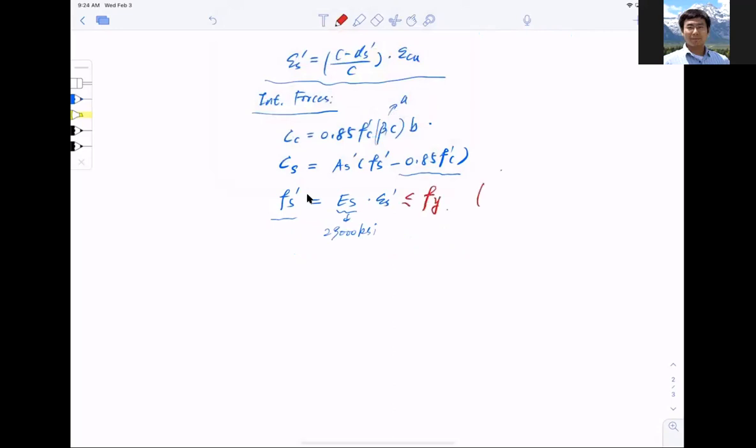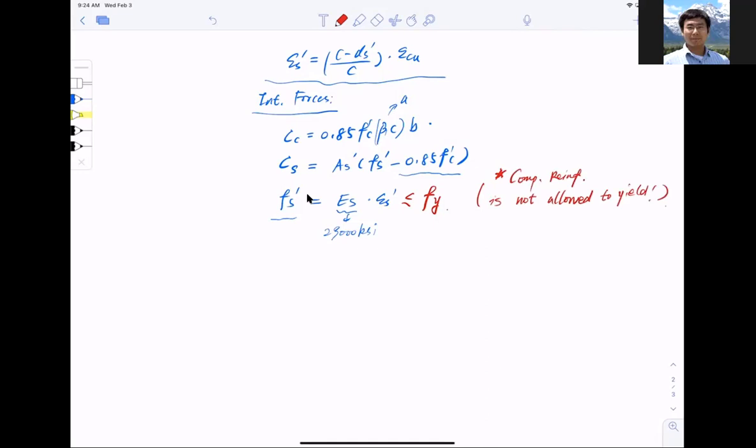So you say, Bob, wait a minute, you say the tensile reinforcement has yielded, and the compressive reinforcement didn't get to yield? Yes, exactly. The compressive reinforcement is not allowed to yield.